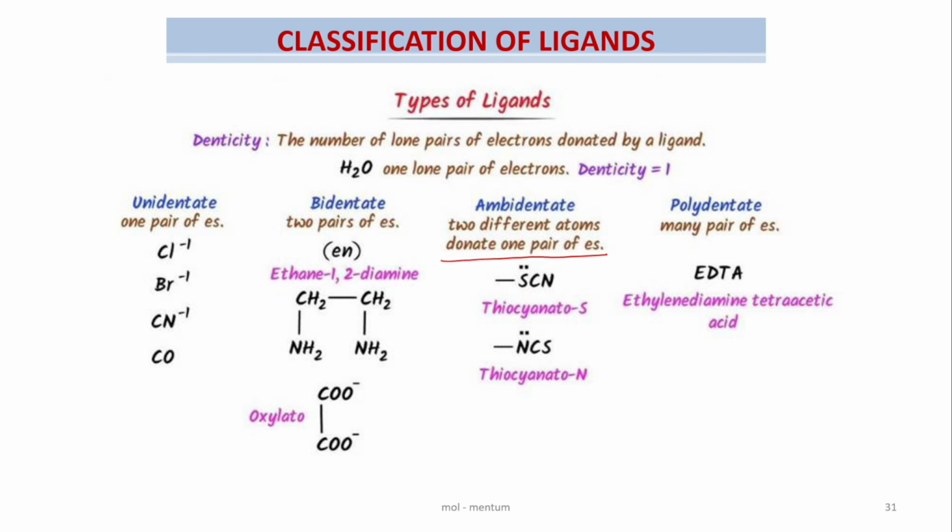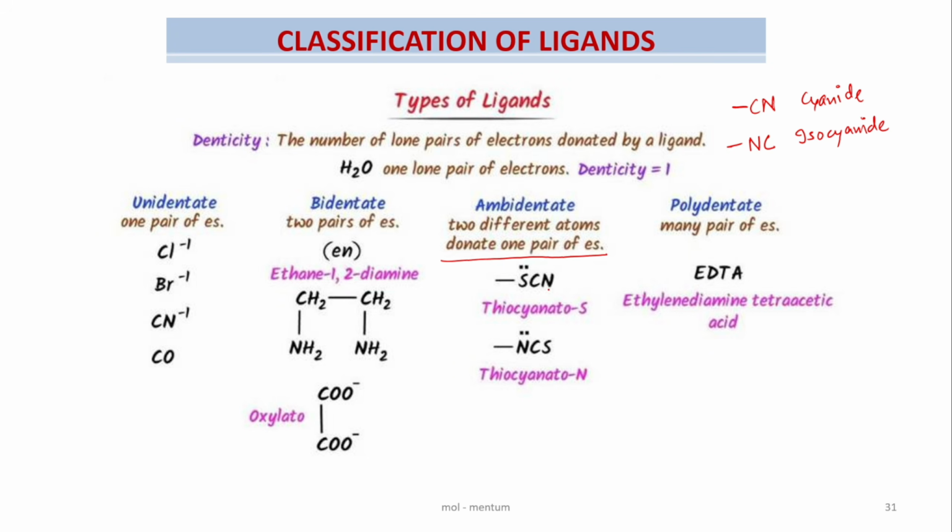They can donate from two different sites; a very common one is cyanide. If we write the ligand like this, carbon is making the bond with the atom. But if I write this cyanide as NC, now the nitrogen is making the bond with that atom. Now the name will be isocyanide.